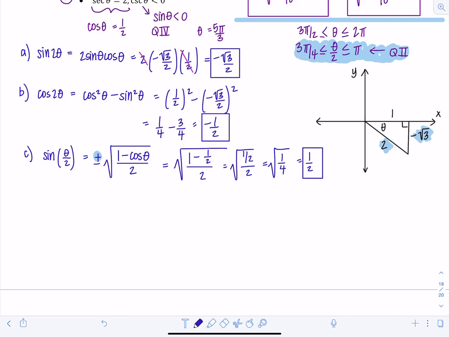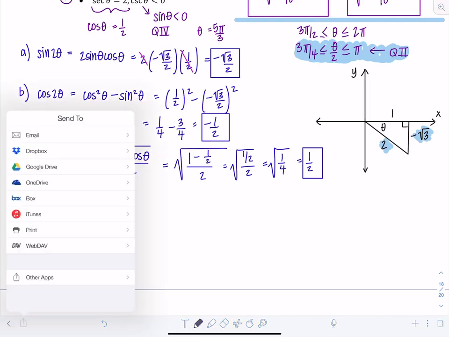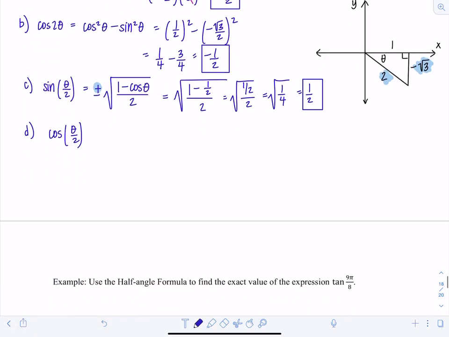And then part D now needs cosine of theta over 2. So we have plus or minus the square root of 1 plus cosine theta over 2. Now remember, theta over 2 is in quadrant 2. So this time I'm going to choose the negative.